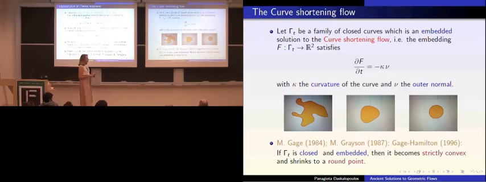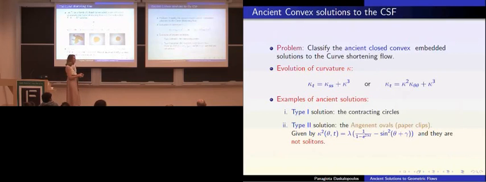So this is a beautiful property that so far only the curve shortening flow has. We haven't discovered any other flow that has such a beautiful property. And this was shown by Gage, Grayson, and Gage and Hamilton. There were different results. So a closed embedded curve will shrink to a round point.